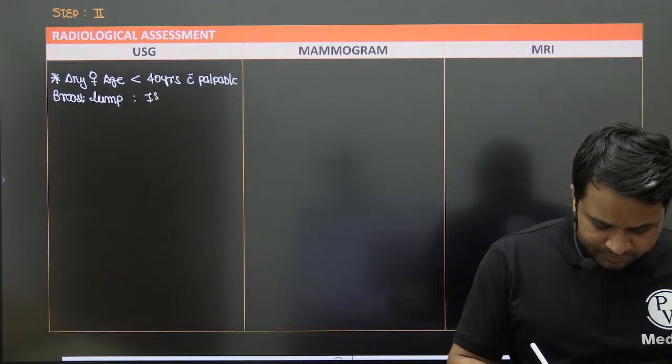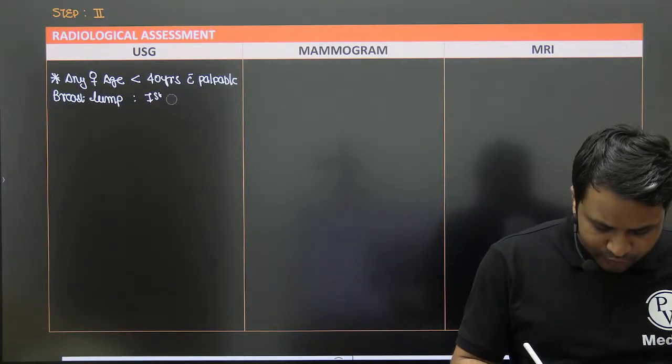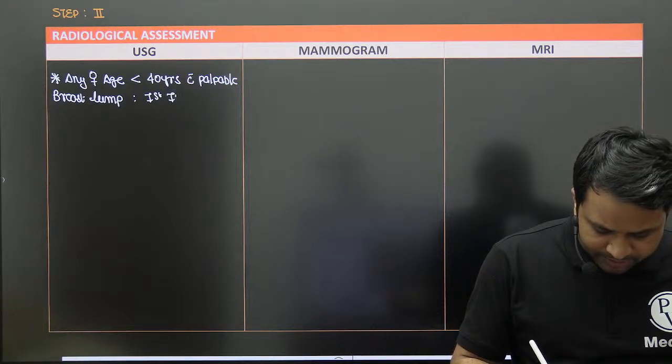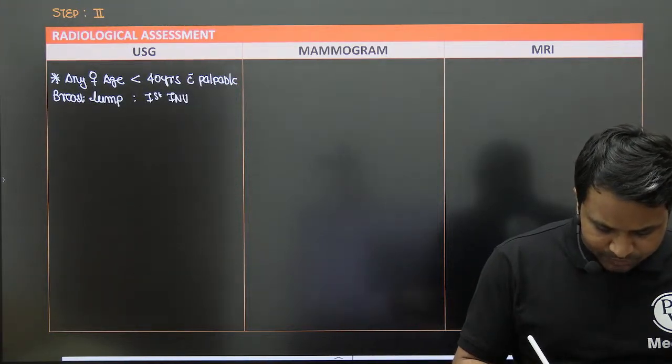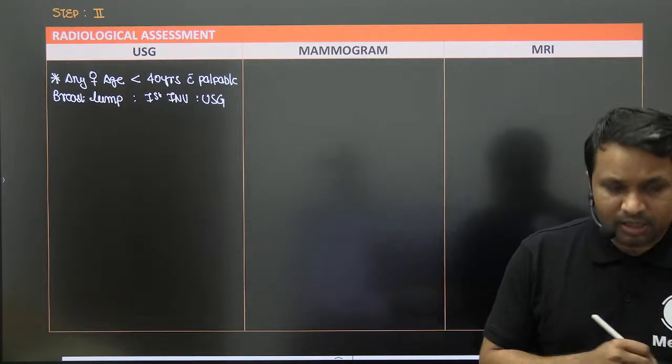Ultrasound becomes the first investigation. I'm not saying it is the investigation of choice, it becomes the first investigation. So the first investigation in this patient will become ultrasound.